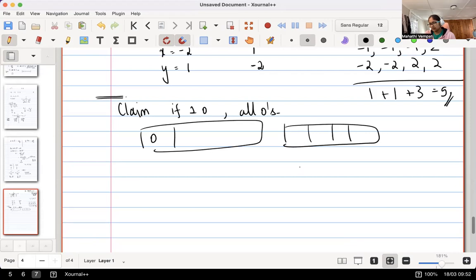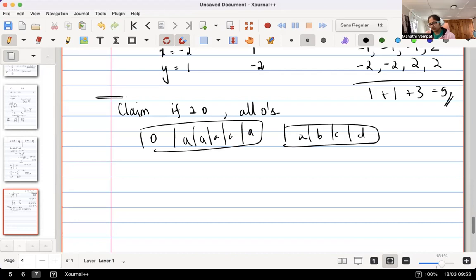Now, if you take out a number and you want to put something else in its place, it has to be the exact same number. So if this is A, B, C, D, if you take out A and you exchange it with something else, it won't work. So this forces there to be an A. In fact, it forces everything to be all A's.